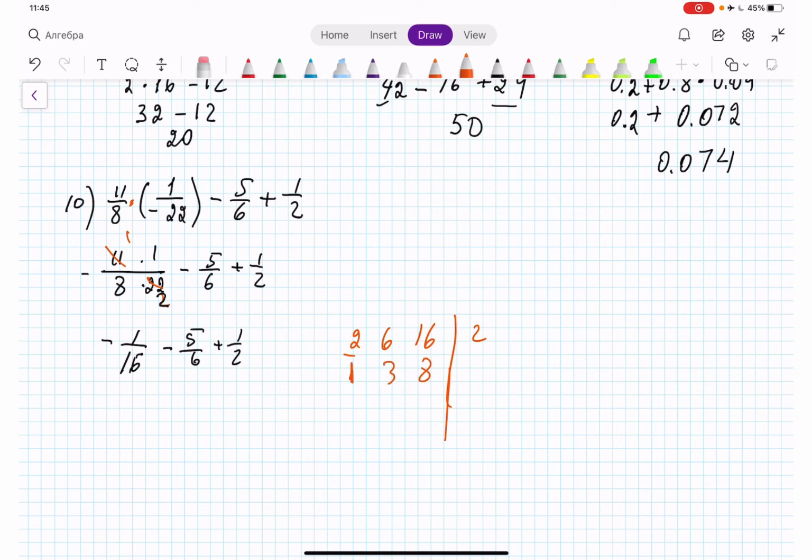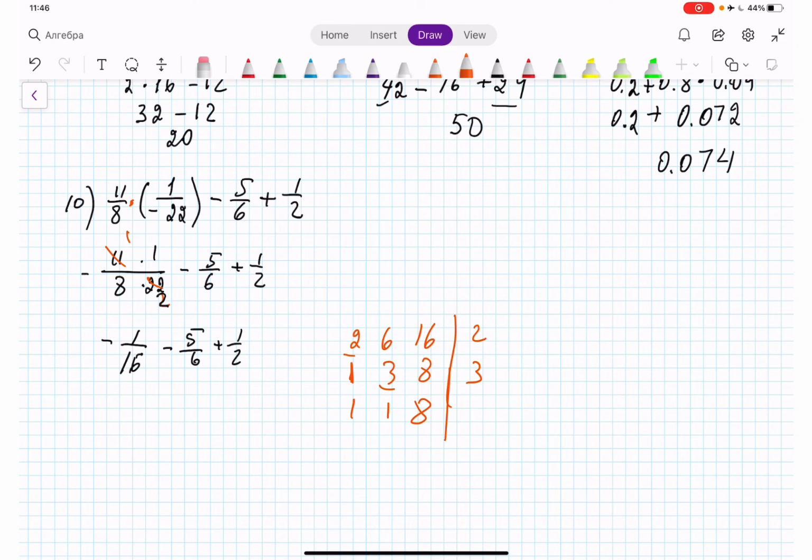So we got the first number 1, now working with the second number. 3 we can divide by 3. The first number 1 we keep dragging down as long as we solve this common denominator process. 3 divided by 3 is 1, and 8 is not divisible, it stays there. So we got the second number also 1, now 8.